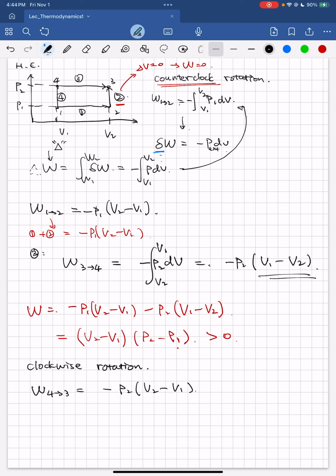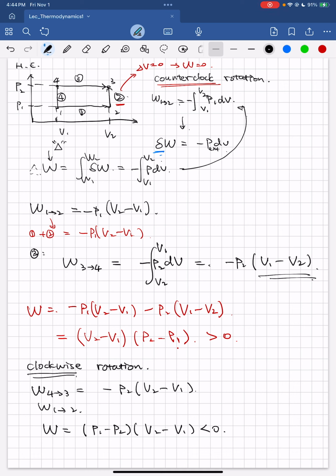It's opposite from this. Same logic for 1 to 2. So the total work is going to be (P1 minus P2)(V2 minus V1), which is smaller than 0. So this is clockwise rotation, right?